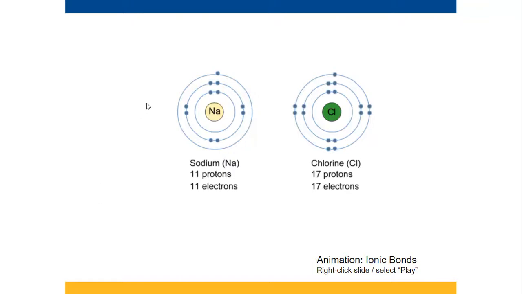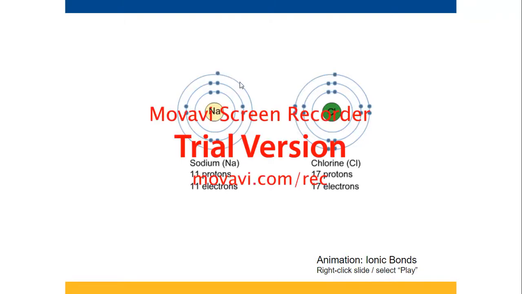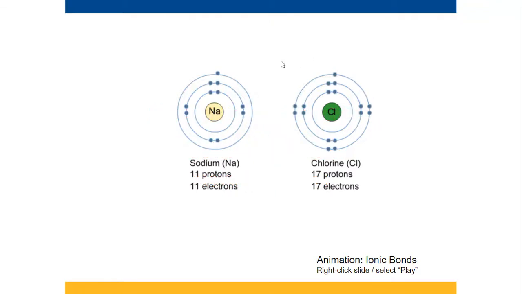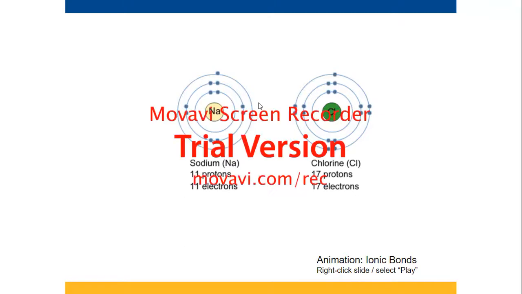All right, so here's sodium, and remember we're looking at the valence electrons, the outer shell electrons. Sodium only has one electron in its outer shell, and chlorine has 1, 2, 3, 4, 5, 6, 7. So chlorine is way more electronegative, meaning its electron attraction is way stronger than sodium's.